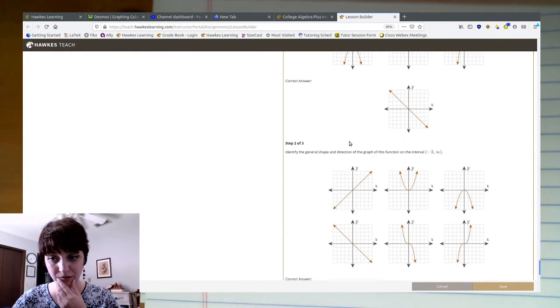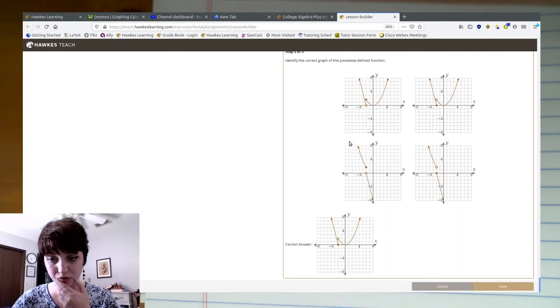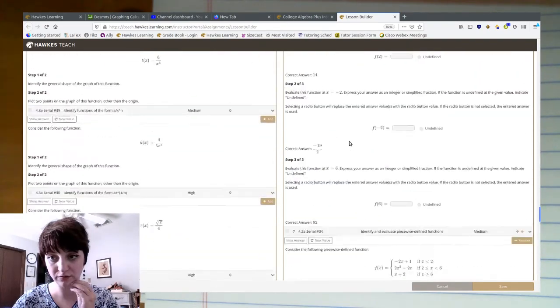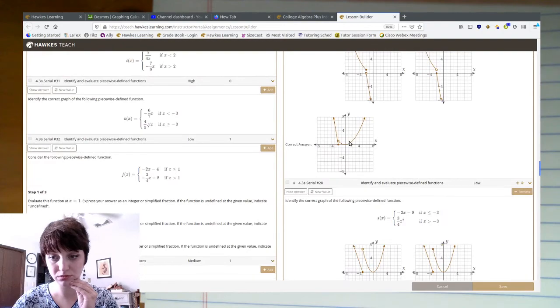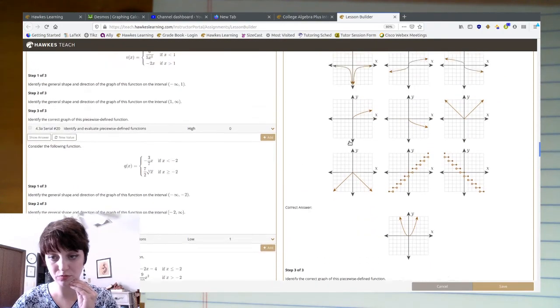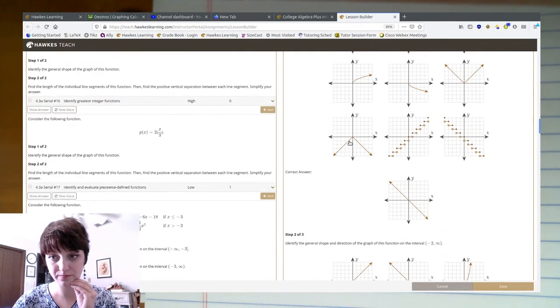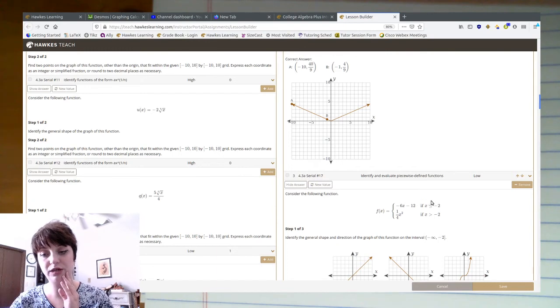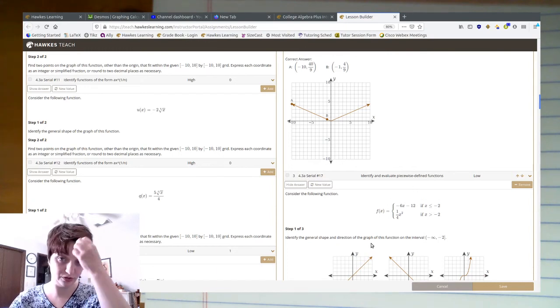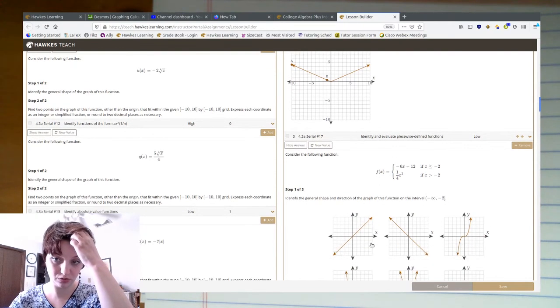I think all of the graphing ones are pretty, I think there's only one graph and then they just give it to you like 4 times. Yeah, they all pretty much look just like that. Okay, so you just have to decide. This is, by the way, the instructor view, so I already have the answers to the problems.